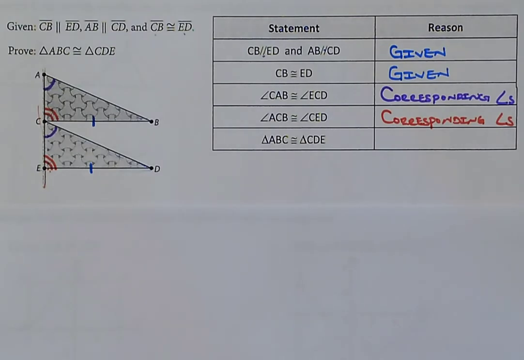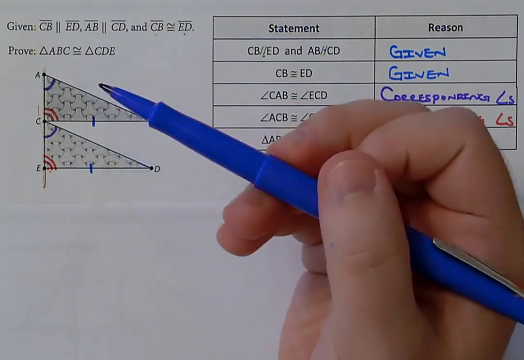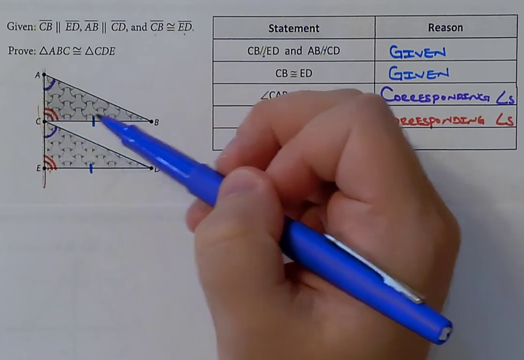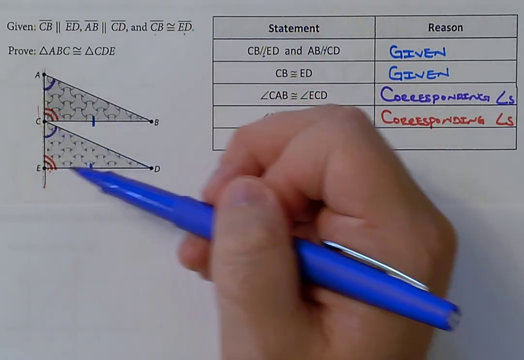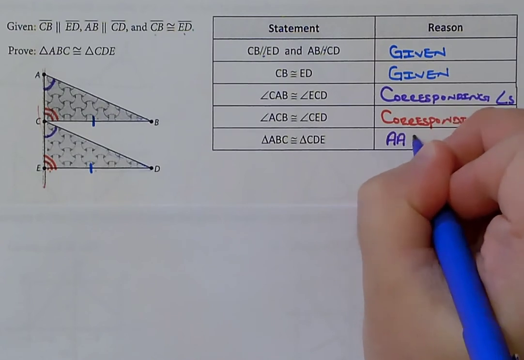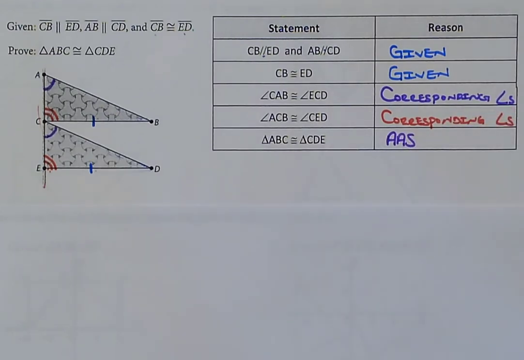My last part is stating that these two triangles are congruent. How can I say that? Well, if we're talking about angle, angle, side today, I have angle 1, angle 2, side, angle 1, angle 2, side. So based off angle, angle, side, these two triangles are congruent.